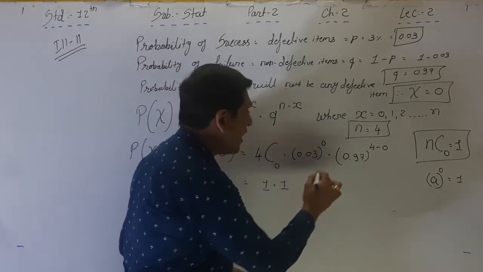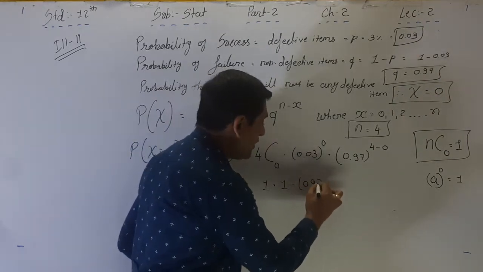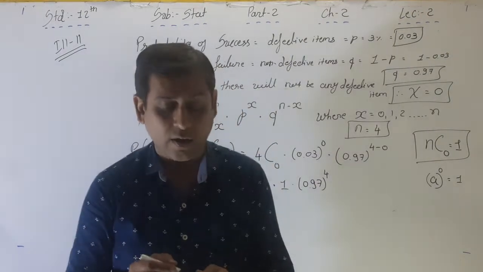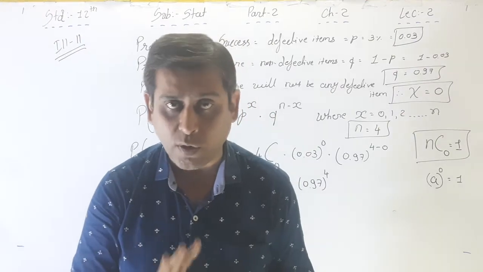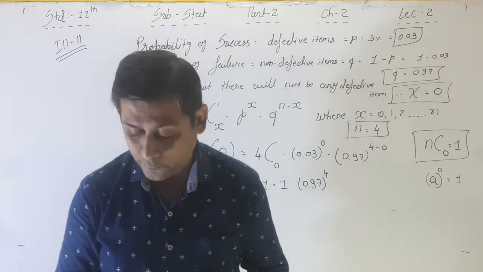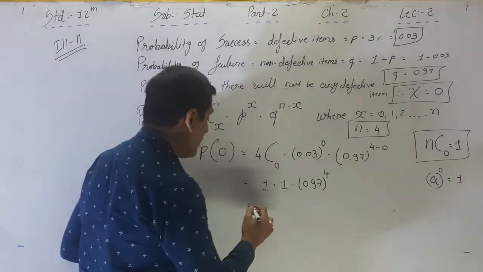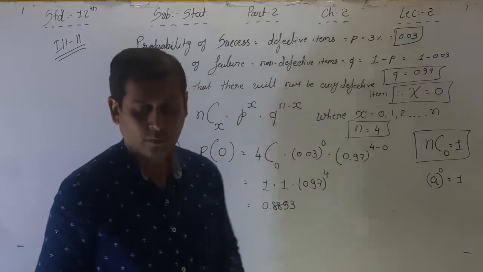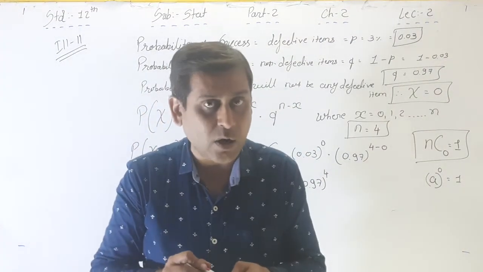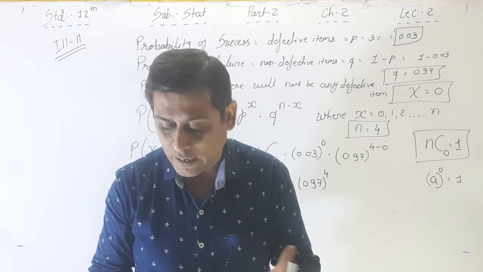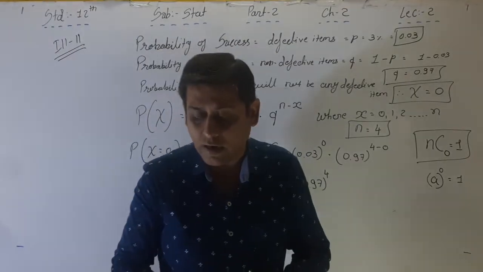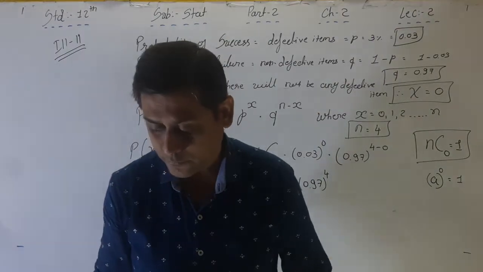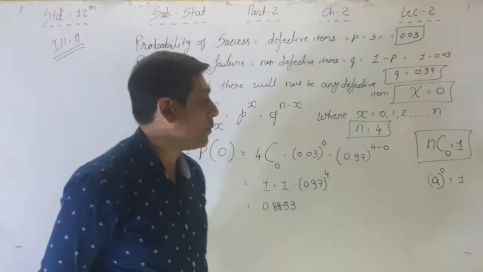So now only 0.97 raised to 4 remains, and we find the value. 0.97 multiplied by itself 4 times, so the answer is 0.8853. This is the answer, and please write down the line: thus the probability of getting no defective item in the selected 4 items is 0.8853. Okay, I hope you understand this.